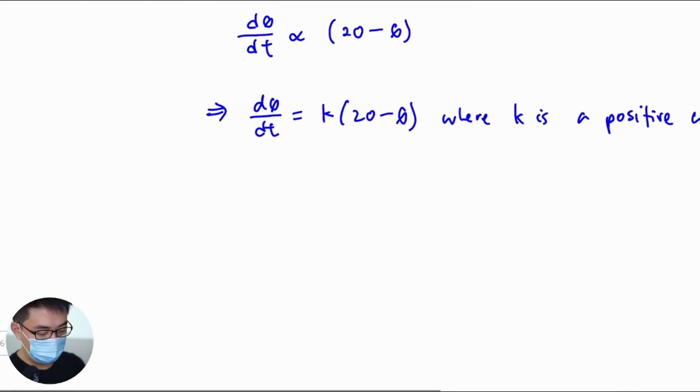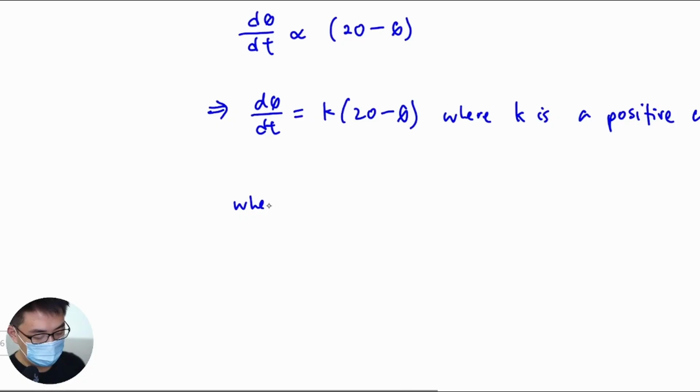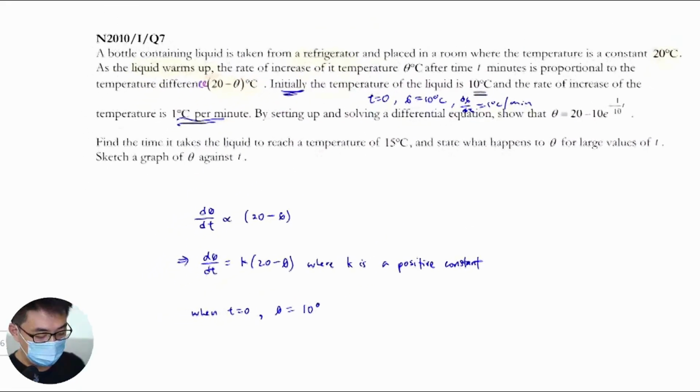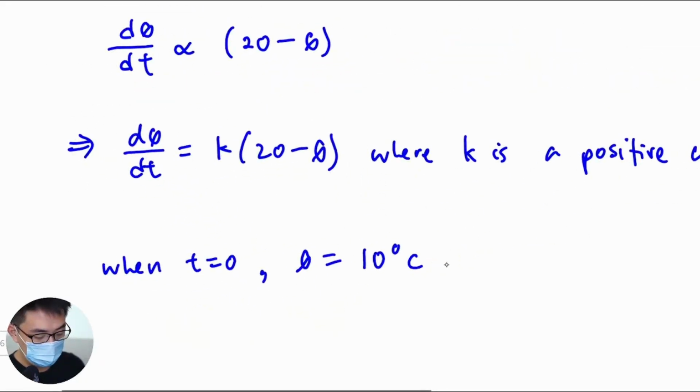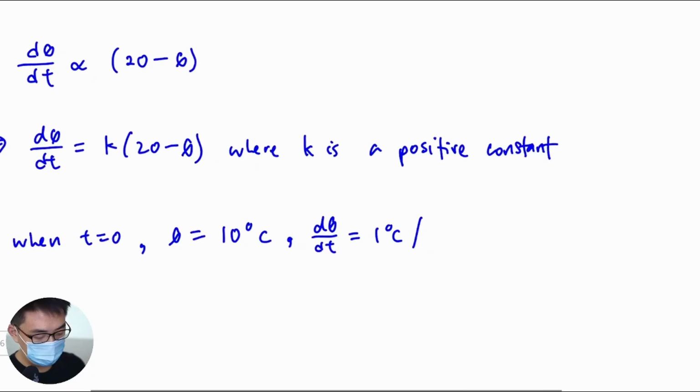So when t equals 0, theta equals 10, and the rate of increase is 1 degree Celsius per minute.